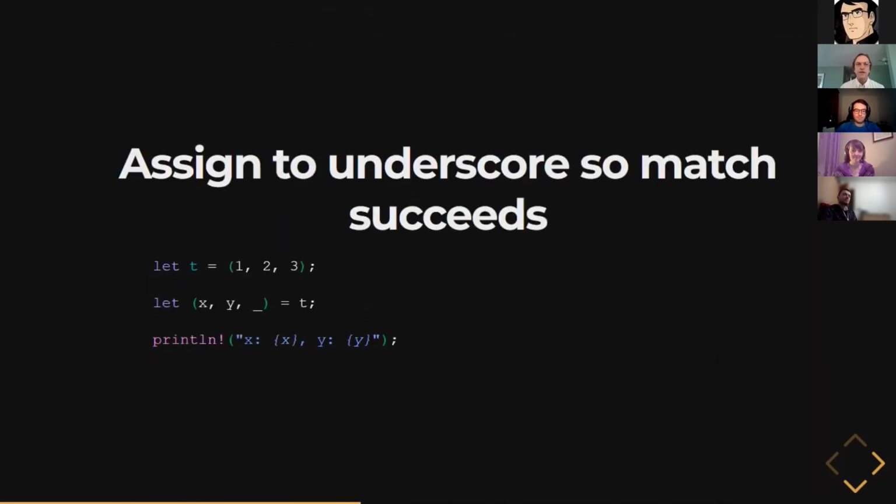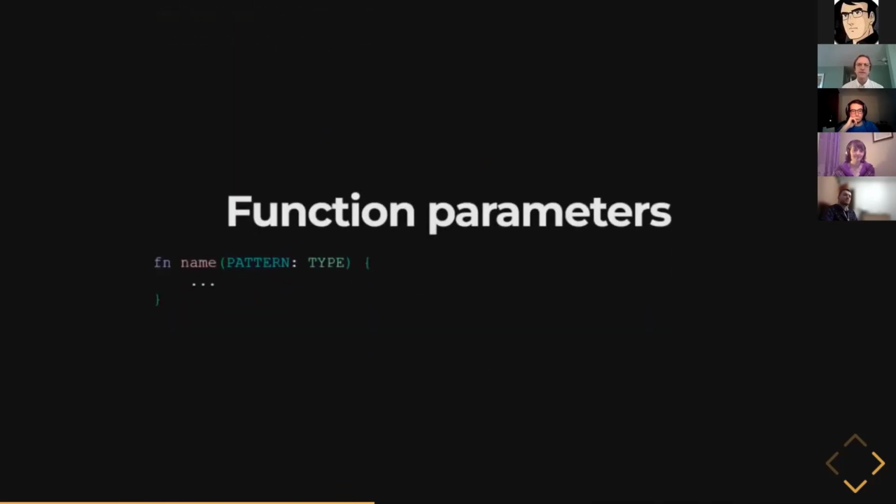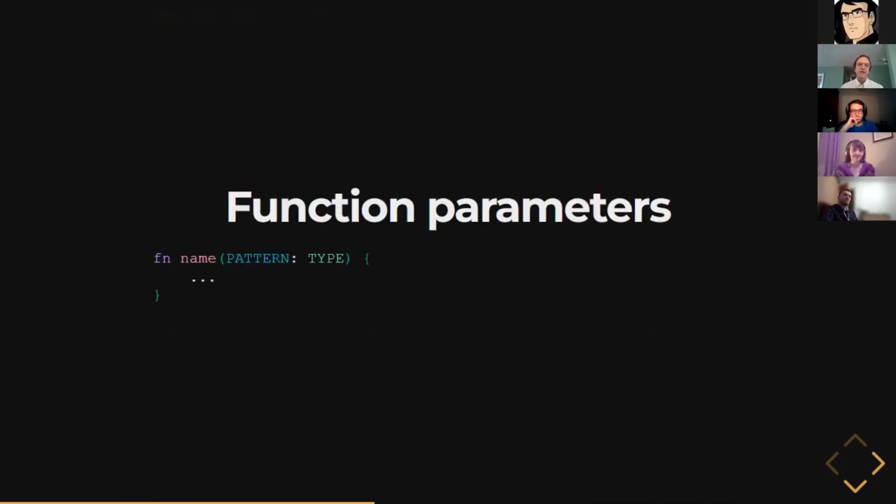So we could stick an underscore in so the match succeeds, but we don't care about the third thing. So we don't bind it to anything. And then that will work. And the next example is function parameters. They also take patterns.